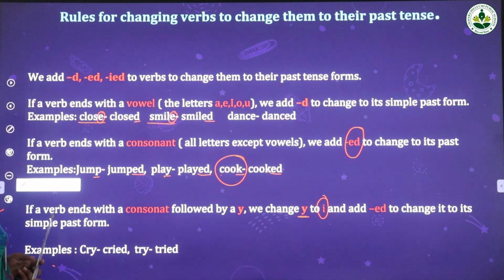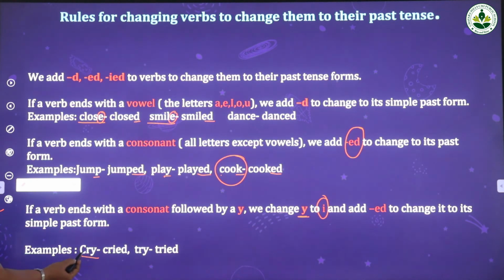Remember, if a verb ends with a consonant and followed by letter Y, in that case you have to change letter Y to I, then add ed.